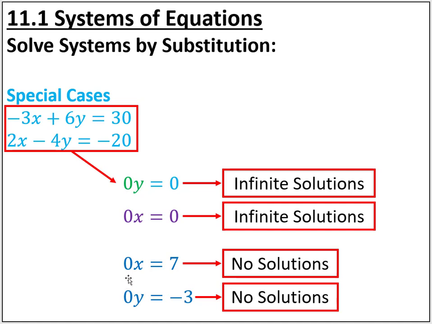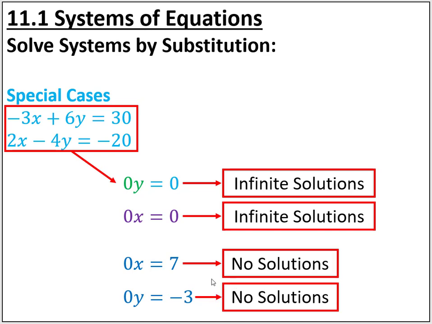Again, you want to be careful. If you do end up with a 0y or a 0x, make sure you double check your work was correct. If it is, and you end up with 0y equals 0 or 0x equals 0, then you can finalize with infinite solutions. If you end up with 0x equals a positive or negative number, or 0y equals a positive or negative number, then you can finalize with no solution.